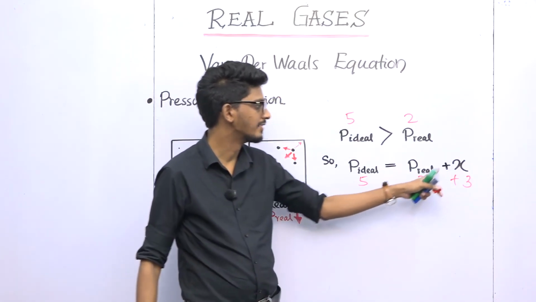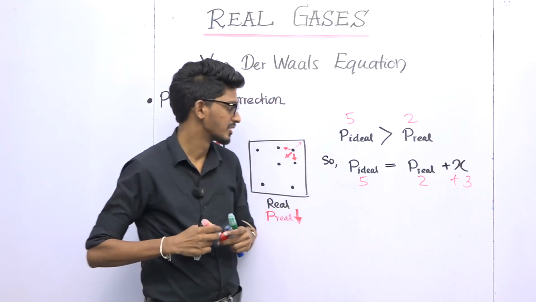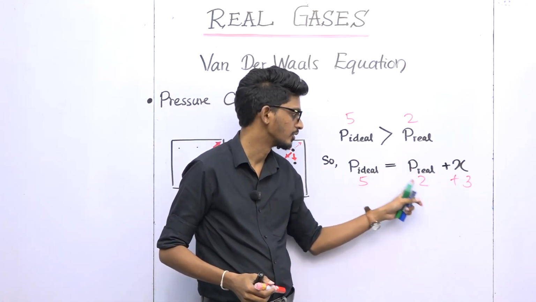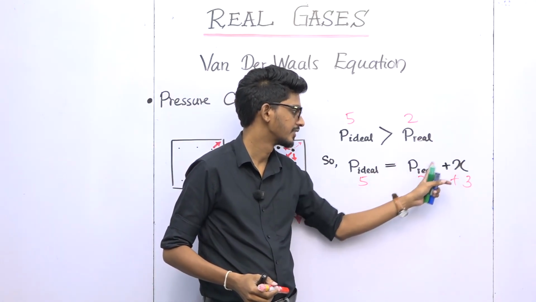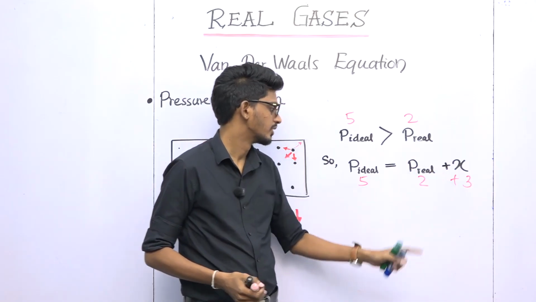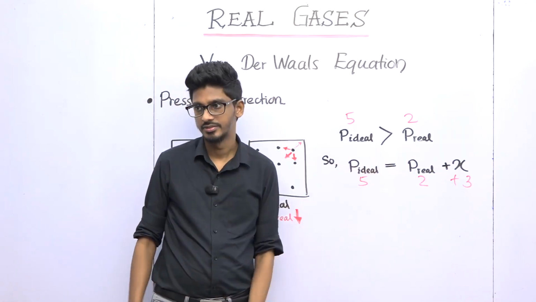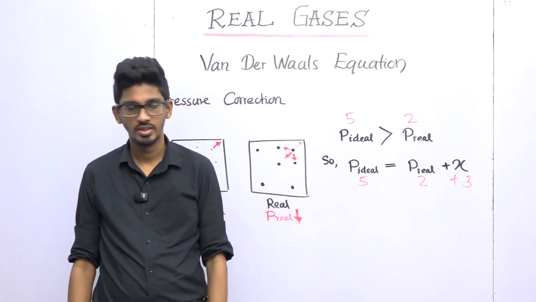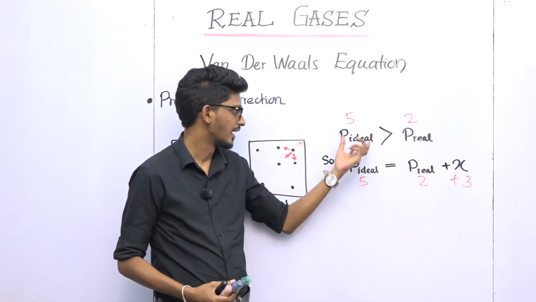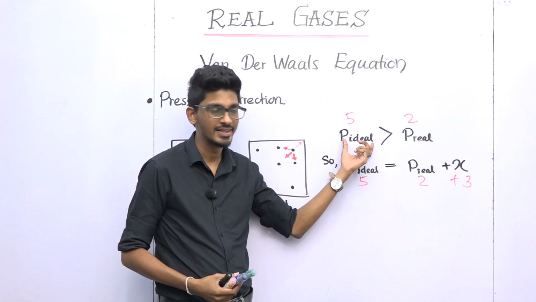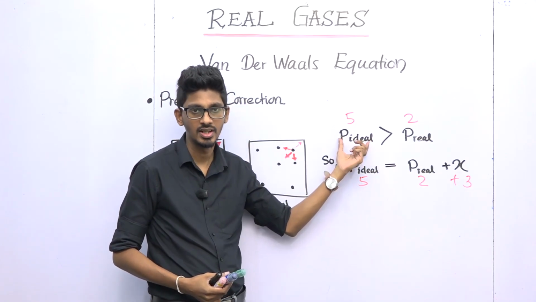Right? You have to add some value to the observed pressure of the real gas to equalize that value to the value of the ideal gas. Right? So if you are applying the value of the ideal gas, then only the PV multiplication will be equal to nRT.